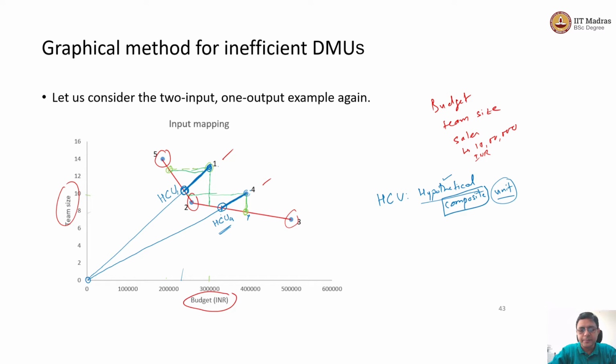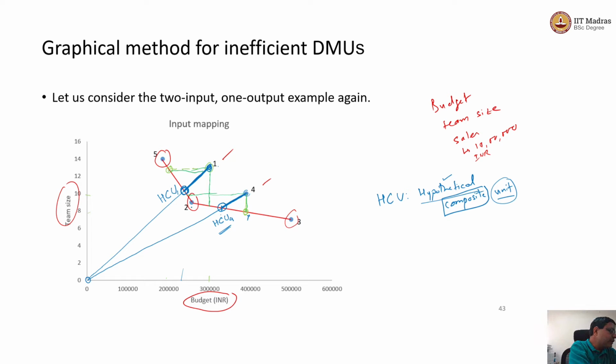You know the input, which is the budget as well as the team size for DMU4, right? So you know the coordinates of DMU4 and the coordinate 0, 0. Therefore, you should be able to find the equation of the line passing through these 2 points, which is the blue line, right? We have drawn only a segment, but let us not get into technicalities. We should know the equation of this blue line.